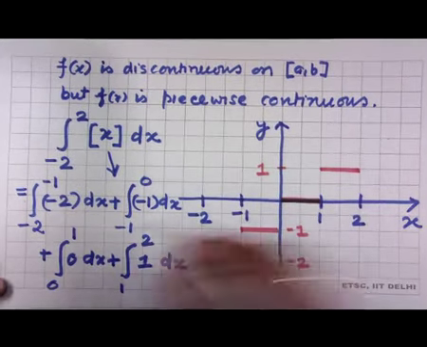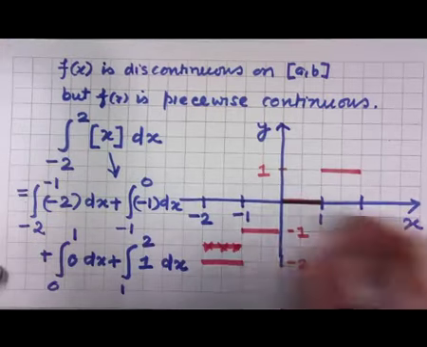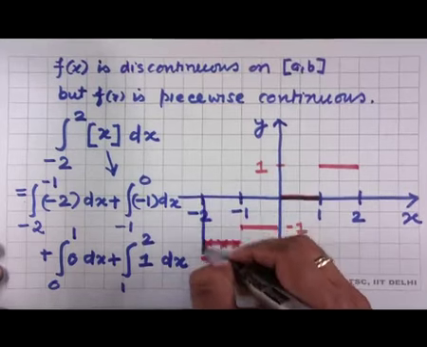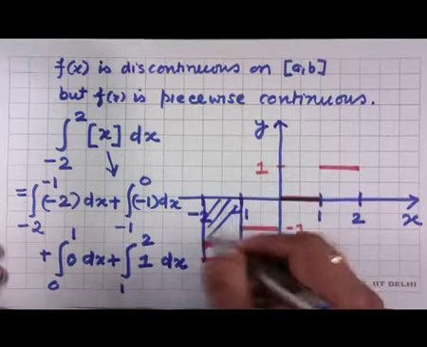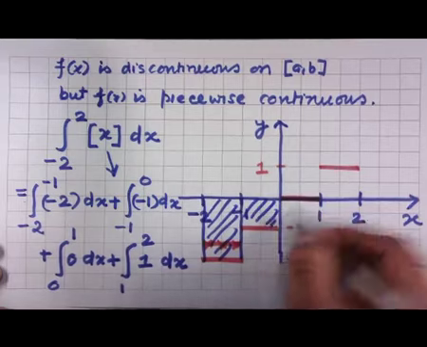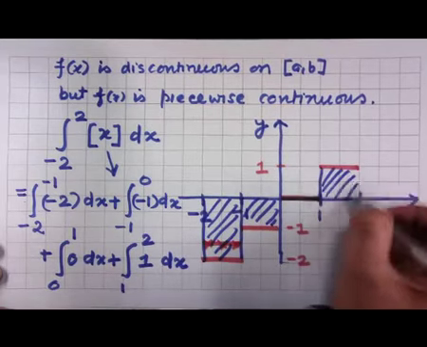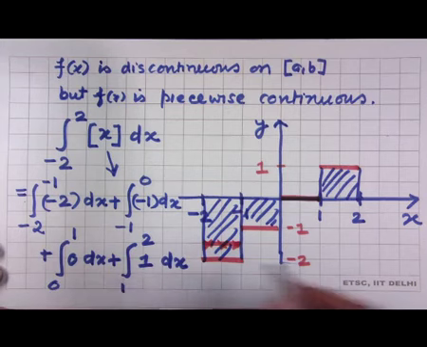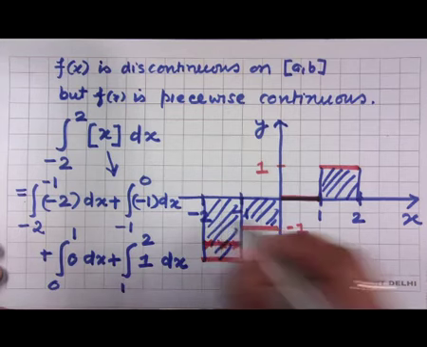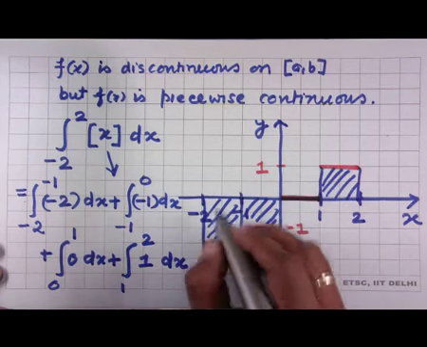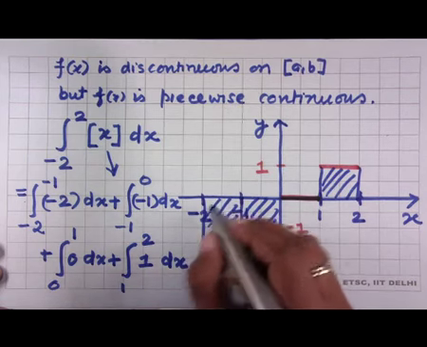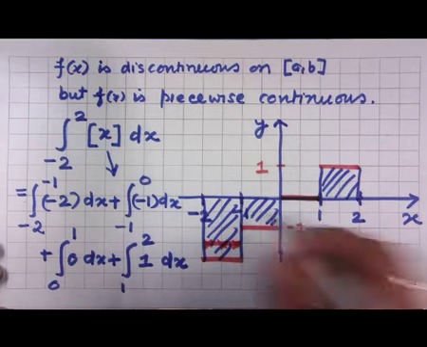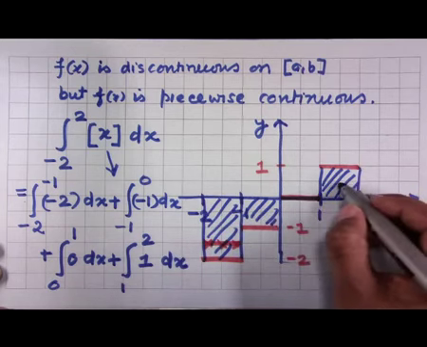Now, if I ask you to find the area under the given curve from minus 2 to 2, the area will be represented by this, this and this. So the area of this was minus 2, the area of this will be mod of minus 2, that is 2, and the area of this will be mod of minus 1, that is 1, and here it is 1.